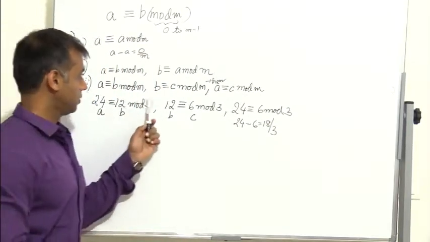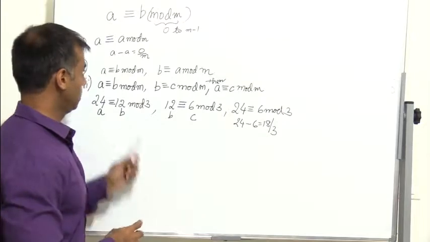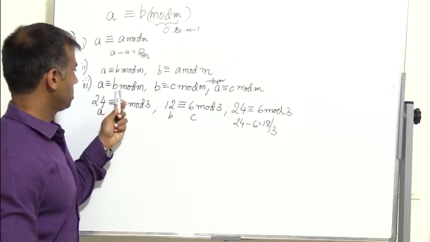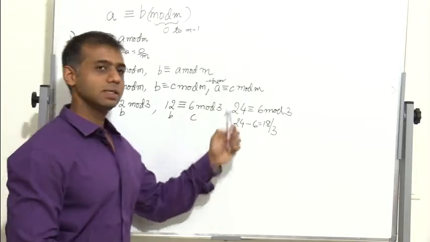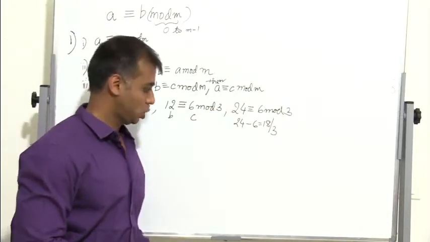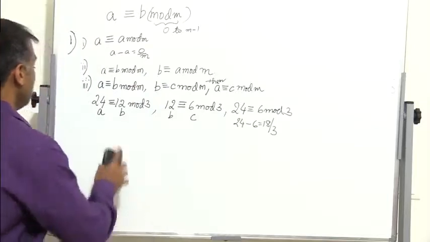Right? So part 3 of the first property is very clear: if A is congruent to B mod M and if B is congruent to C mod M, then A is definitely congruent to C mod M. So we have taken an example.